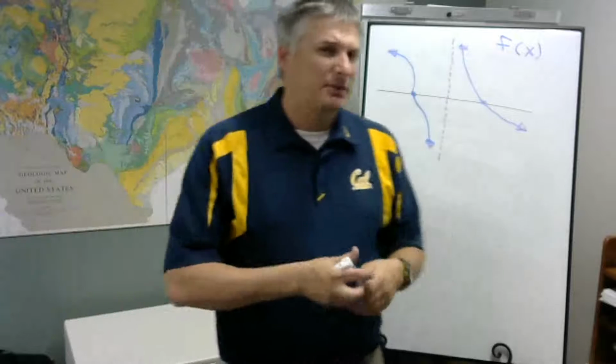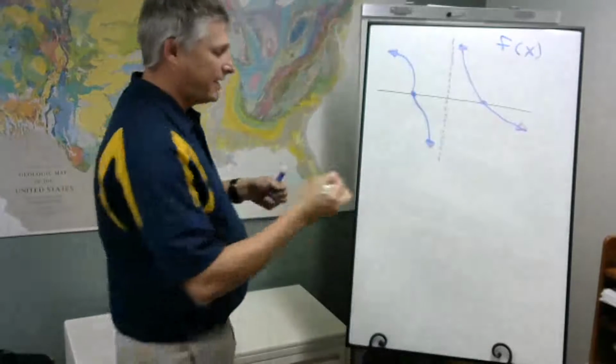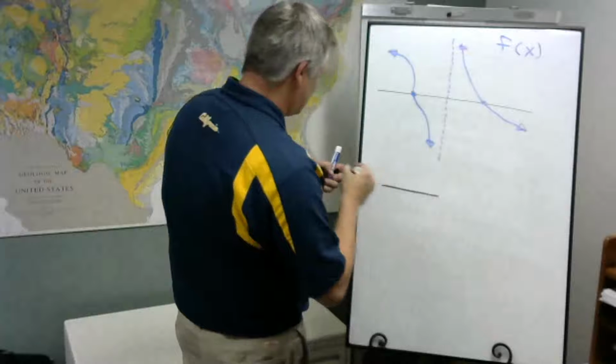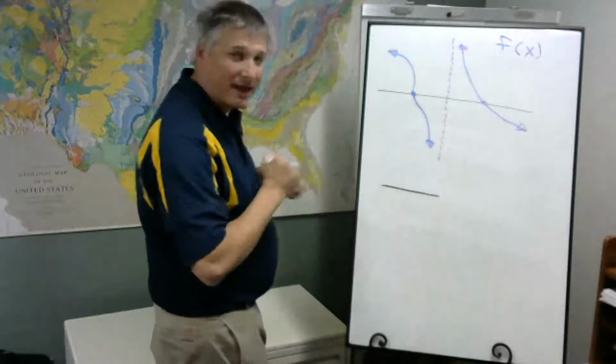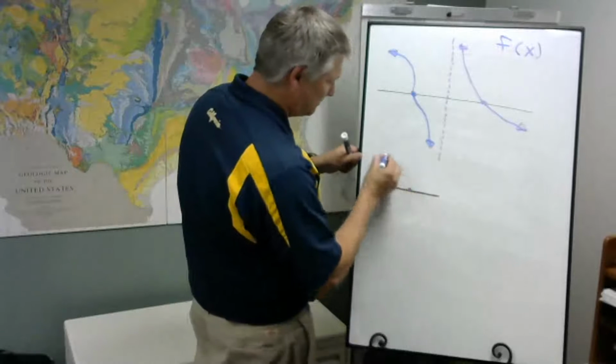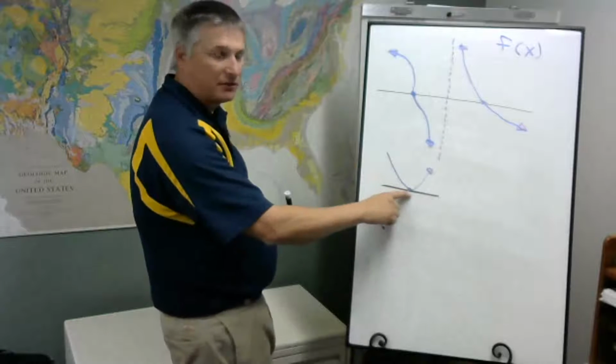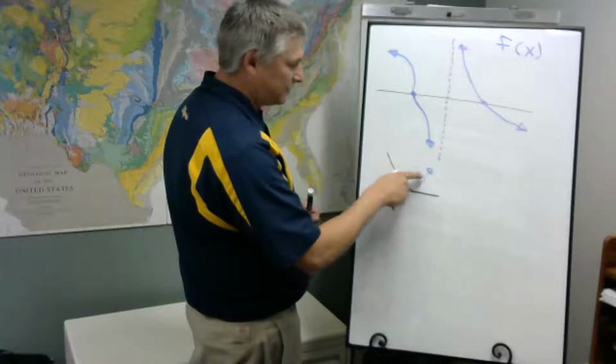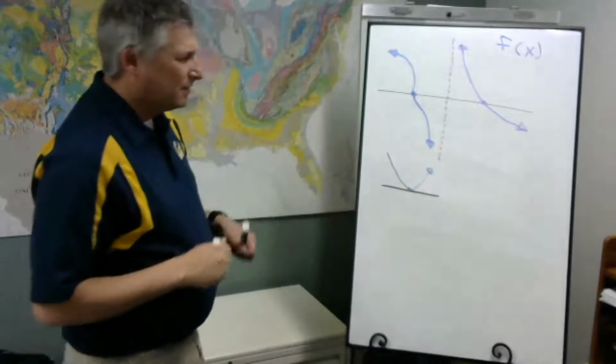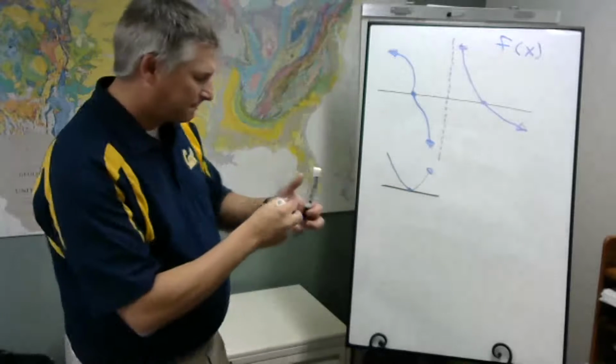Now, like x-intercepts, this doesn't have to happen. You can have x-intercepts where a function contacts the x-axis, but then sort of bounces right off. So even though it's 0 here, it's a positive function, positive function. The same is actually true of vertical asymptotes.